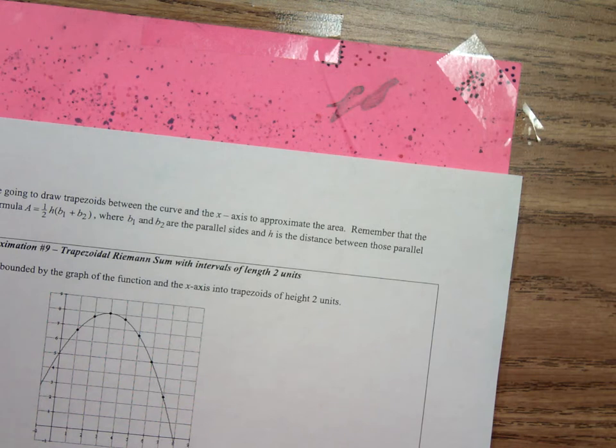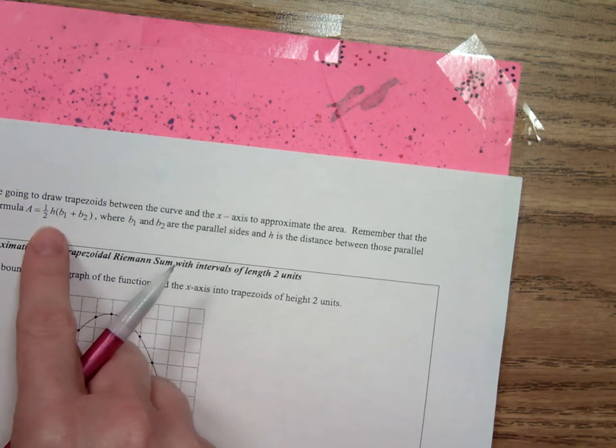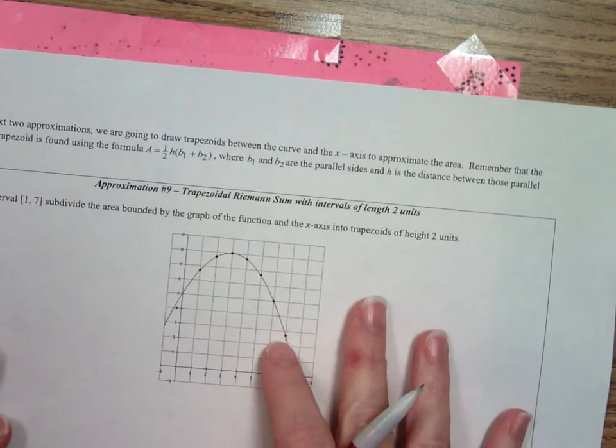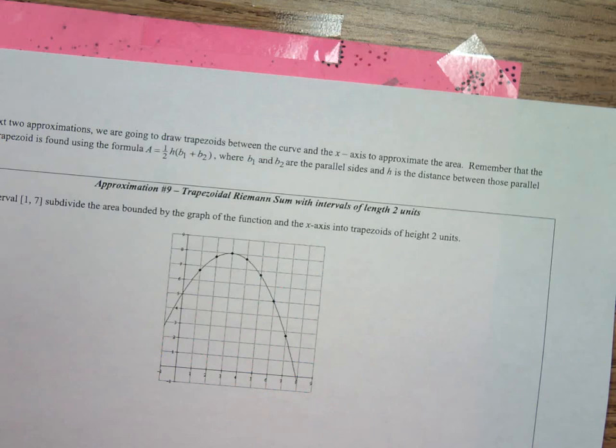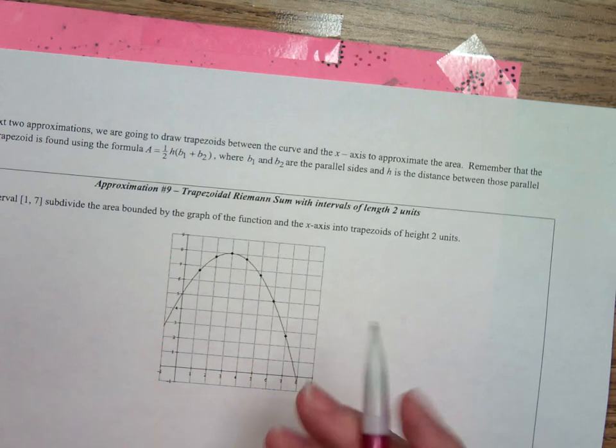All right, so remember for a trapezoid, the area is 1/2 base 1 plus base 2 times your height. Base 1 and base 2 are parallel sides, and h is the distance between those two sides. So if we're trying to do a trapezoidal sum here with interval lengths of 2 units, then we have to draw it from 1 to 3.